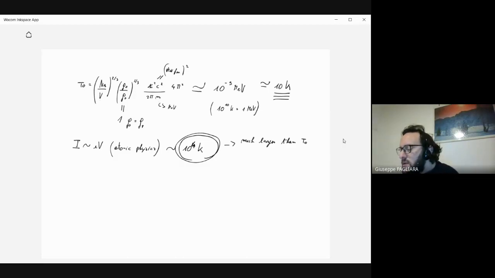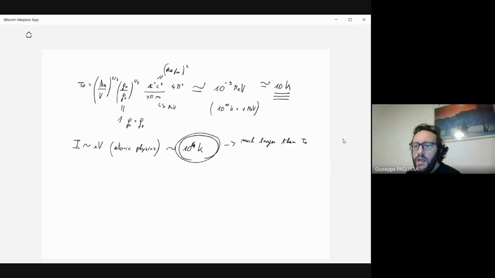Now, the fact that these two scales are so different is responsible for the fact that even if we are not at a temperature close to the ionization energy, we will have a certain degree of ionization in any case. Also in this room, of course, the temperature is of the order of 300 Kelvin, very much suppressed with respect to the ionization energy.